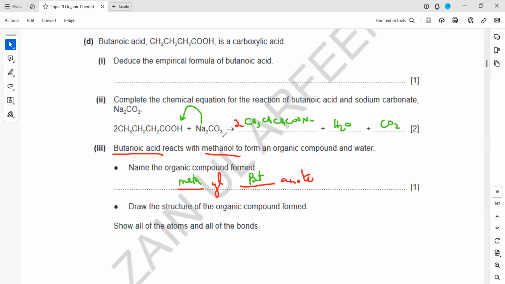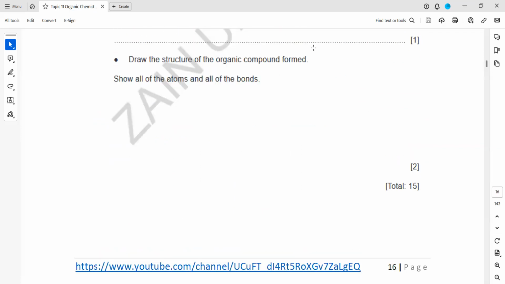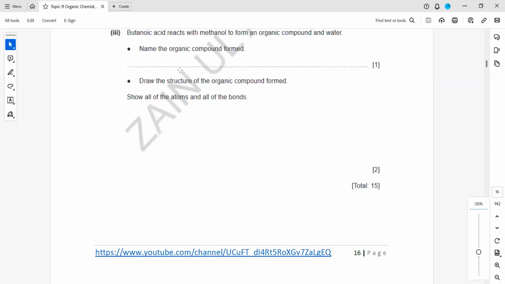So the first name of an ester is always from the alcohol and the second name is from the carboxylic acid. And we have to draw the structure of methyl butanoate. That is the ester which is formed.